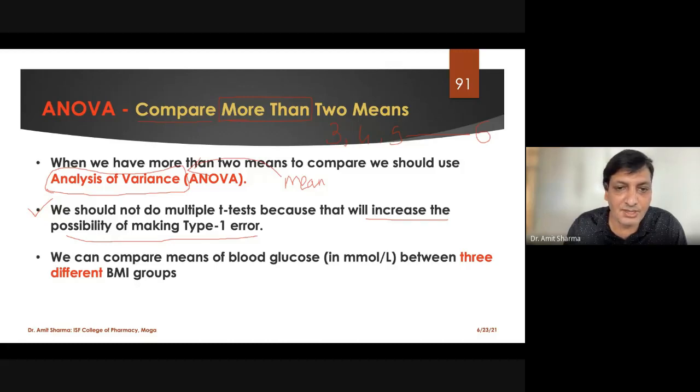To elucidate this test, I have taken an example of plasma blood sugar, which is given in the form of numbers, between 3 different groups of BMI. The BMI data is given in the form of categories.